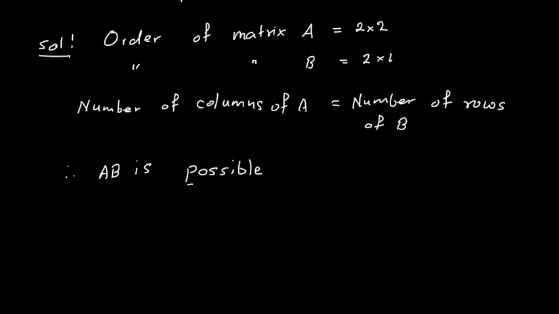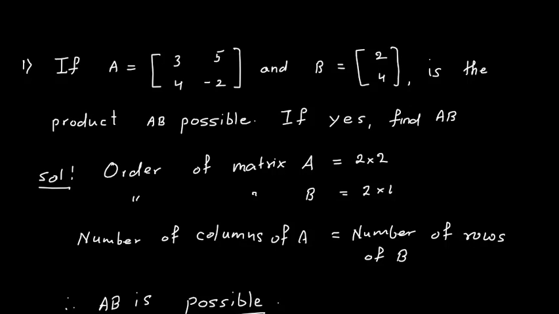So whenever you are multiplying, you have to make sure that the number of columns of A is equal to the number of rows of B. Once this is equal, then we have to find AB.